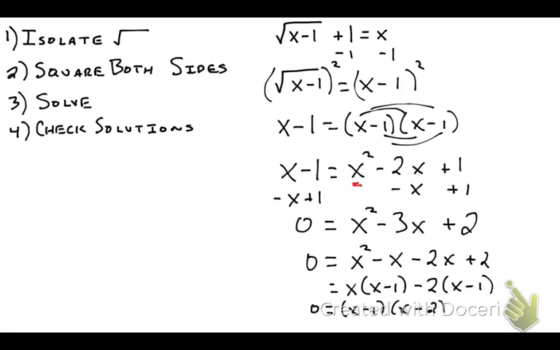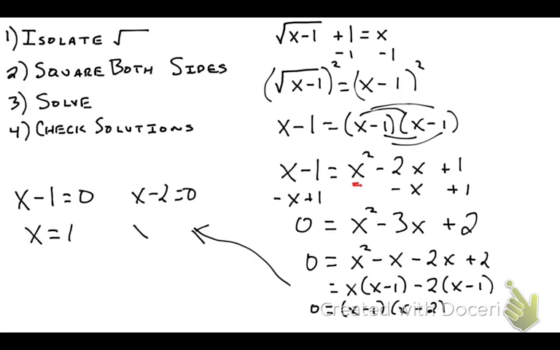I'm running out of room here, so I'm going to move inconveniently up and to the left. I would need to set both of these factors equal to 0. x minus 1 equals 0. x minus 2 equals 0. Which means that x could equal 1 or x could equal 2.